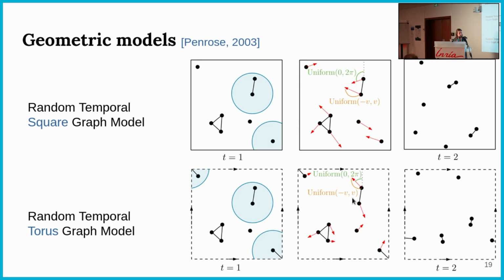And so we connect the points again, and we obtain the second snapshot. And then we repeat this process until we match the number of snapshots of the real data.